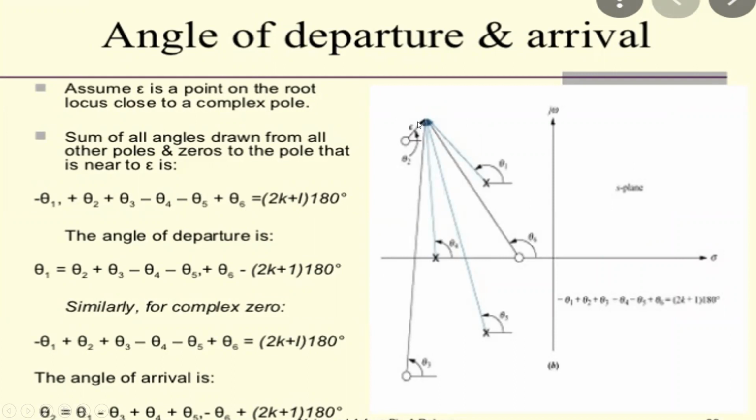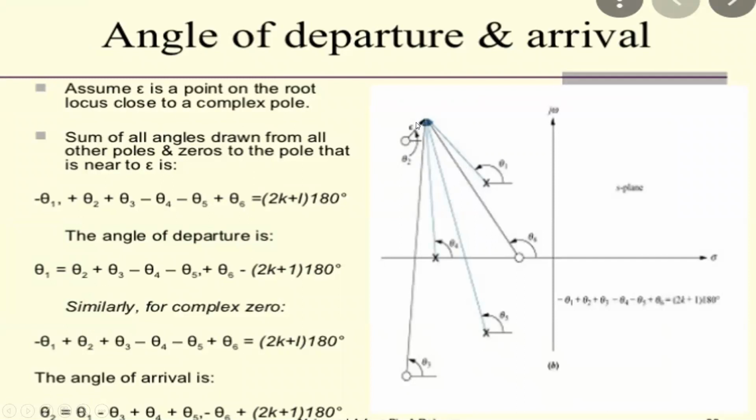So the angle of departure or arrival can be calculated from the corresponding angles. This is a corresponding point, we are assuming that it will be on the root locus. So we have a pole, a zero, a pole, a zero, a pole, a zero, and a zero over here.